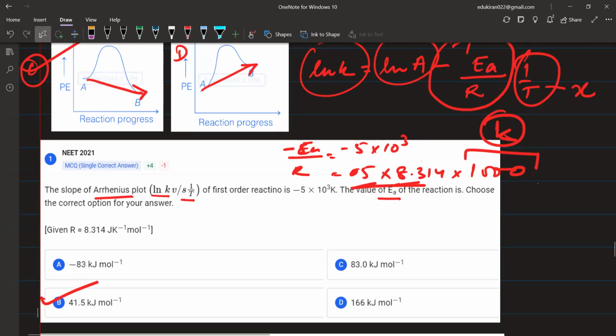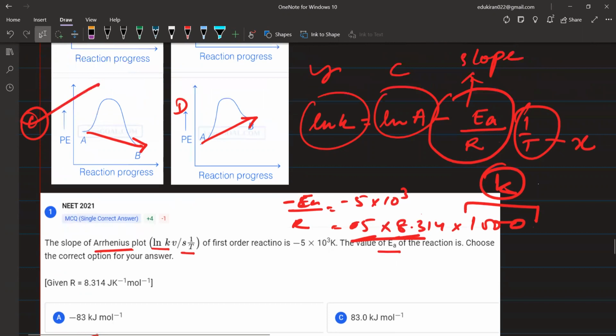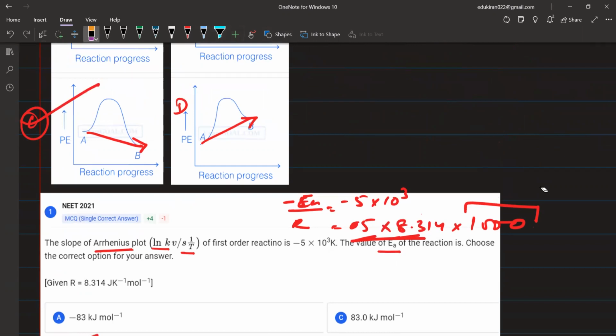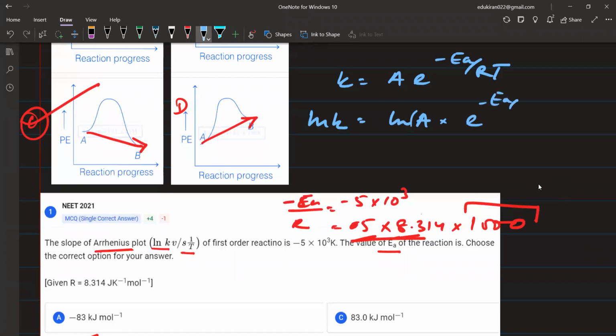Can you explain the equation part once again? What is the Arrhenius equation? K is equal to A into e to the power minus EA upon RT. Put ln, natural log, on both sides and you will get ln K is equal to ln of A into e to the power minus EA upon RT.